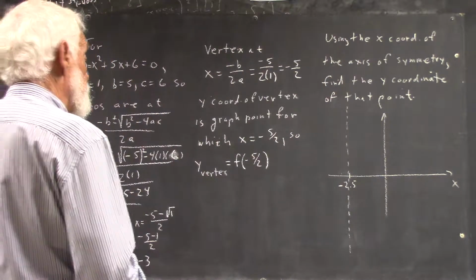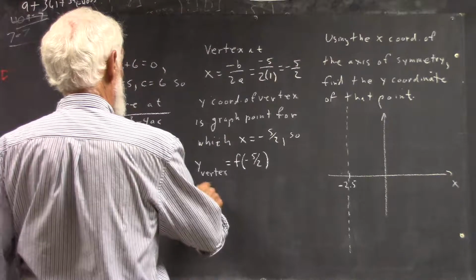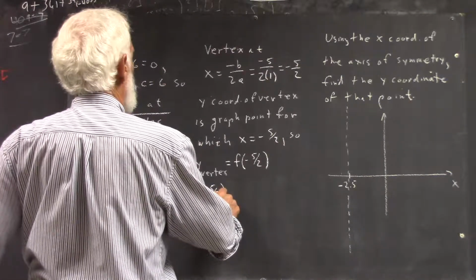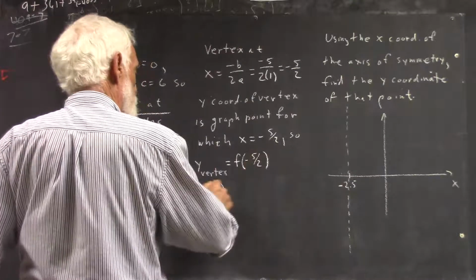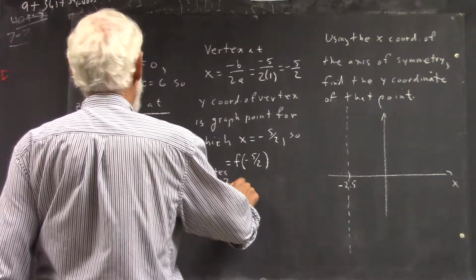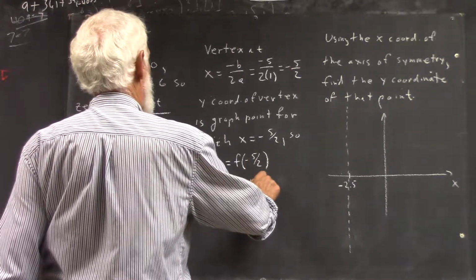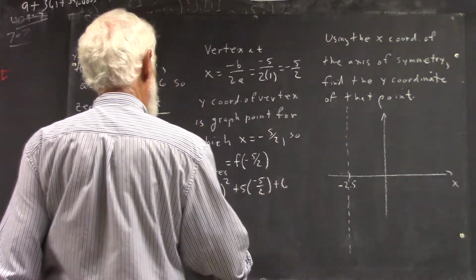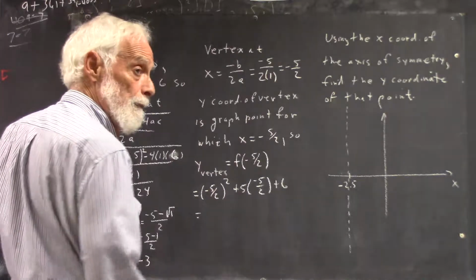Okay? Well, f of negative 5/2, the y coordinate of the vertex, what you get when you plug in negative 5/2 is this. Okay?